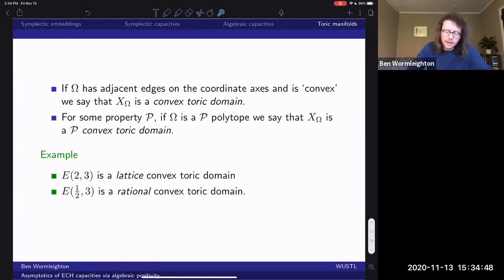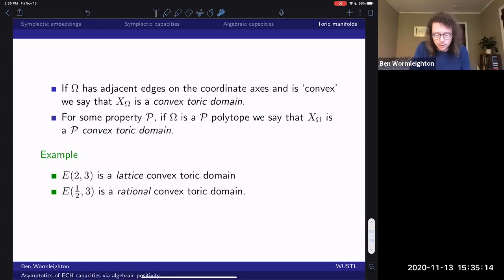So if omega has adjacent edges on the coordinate axes and is convex in some appropriate sense, then we say that x omega is a convex toric domain. In some situations you can get rid of the inverted commas, but for my context, I'm just going to be a little careful and assume it's convex plus some extra stuff.